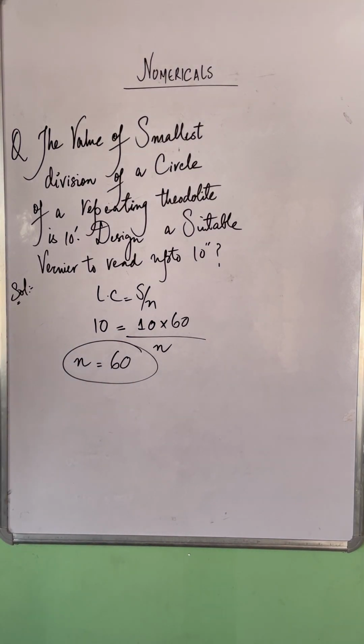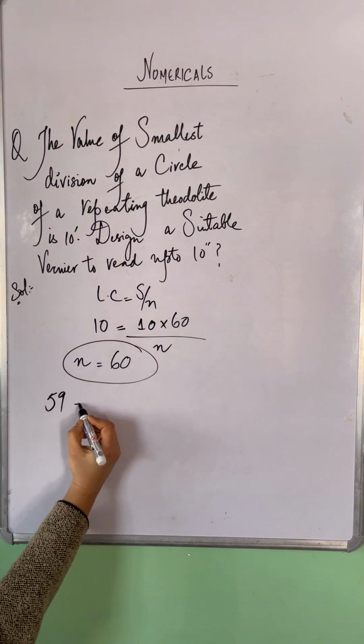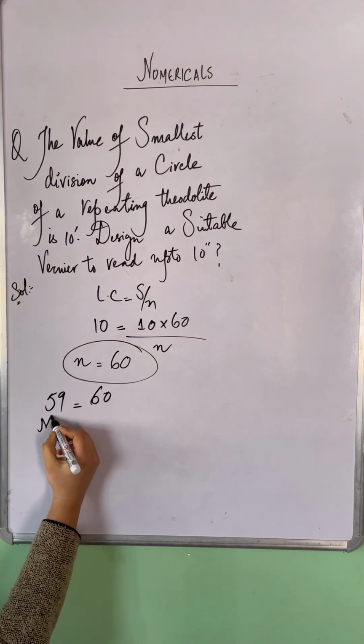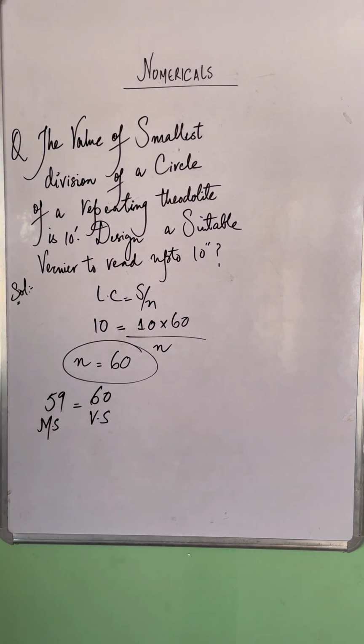So we'll take 59 such primary divisions from the main scale and divide it into 60 parts of the vernier scale. That means 59 divisions on the main scale will correspond to 60 divisions on the vernier scale, and hence the direct vernier for this repeating theodolite is designed.